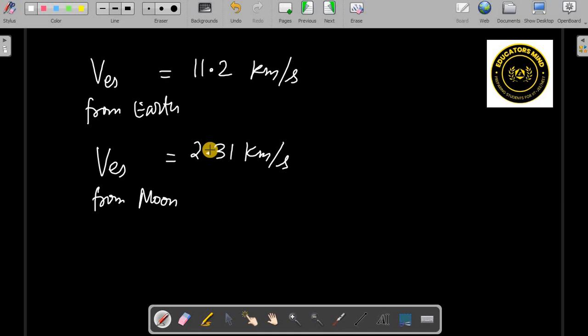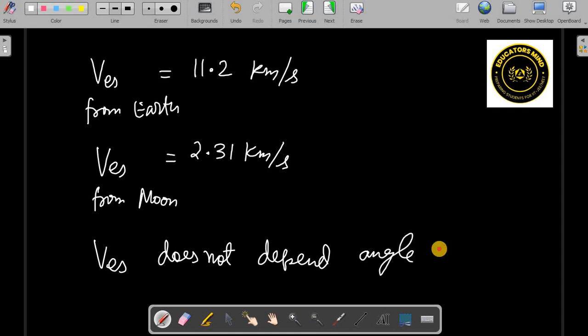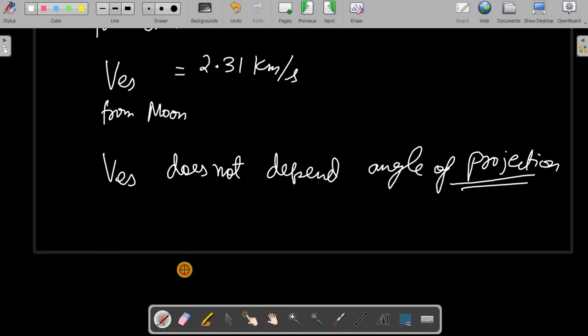So I think these are some of the things. Also we should note that escape velocity does not depend on angle of projection. Sometimes people may think that we can give some angle and escape, but you can project it from the surface of Earth at any angle, like this, like this, any angle.